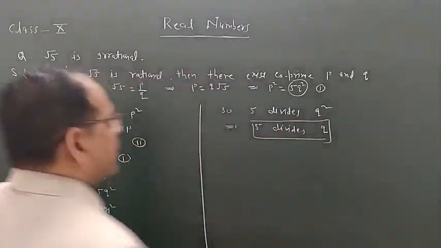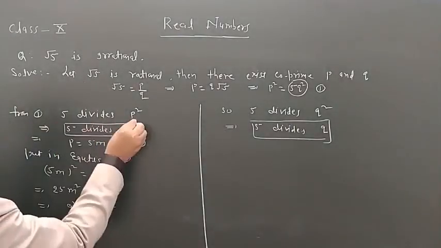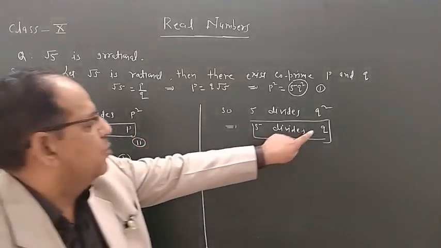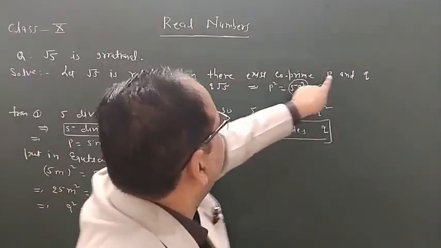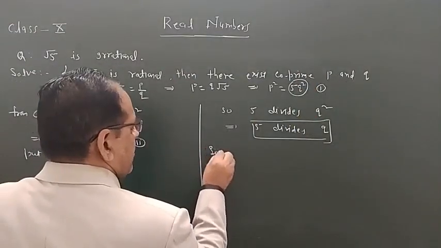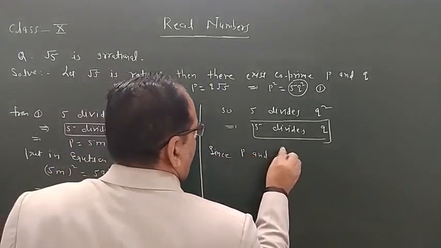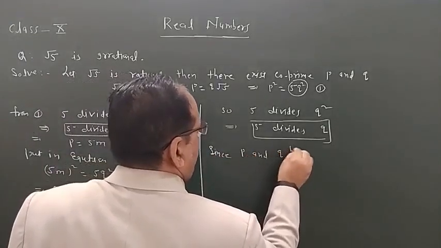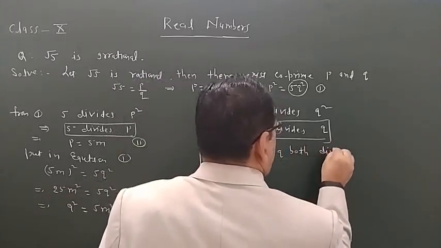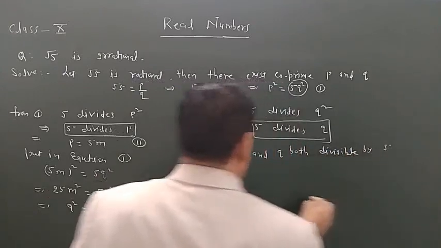Now we have 5 divides q, and here we have 5 divides p. 5 divides p and 5 divides q, and we chose p and q as co-prime numbers, since p and q both are divisible by 5.